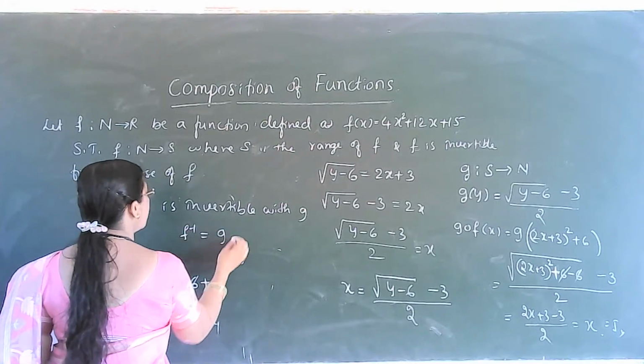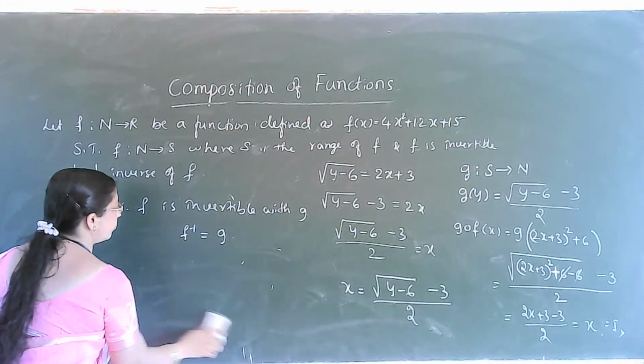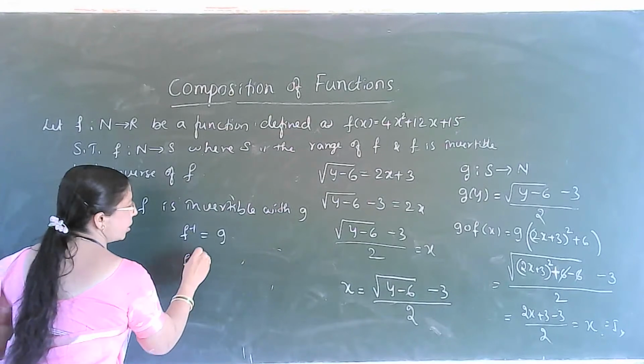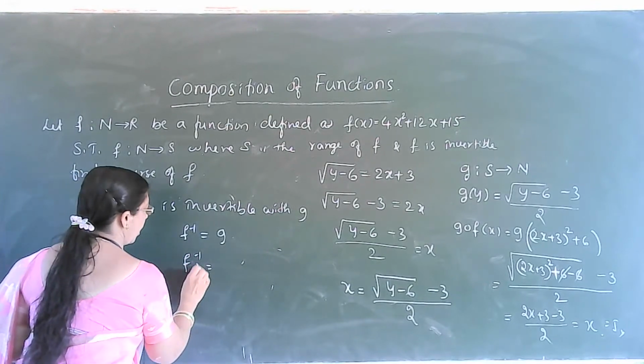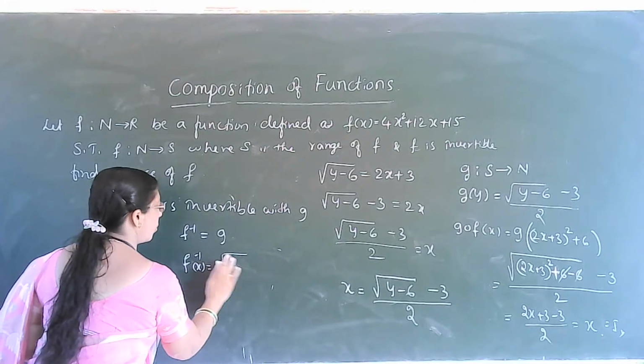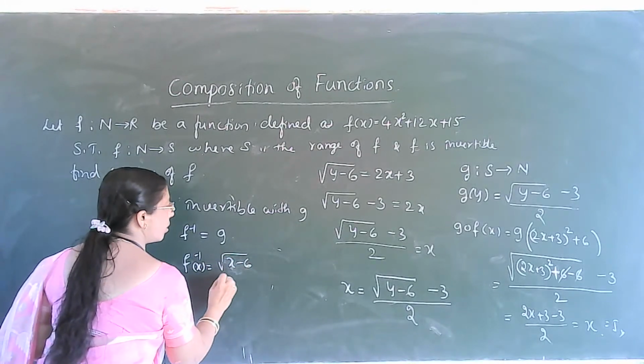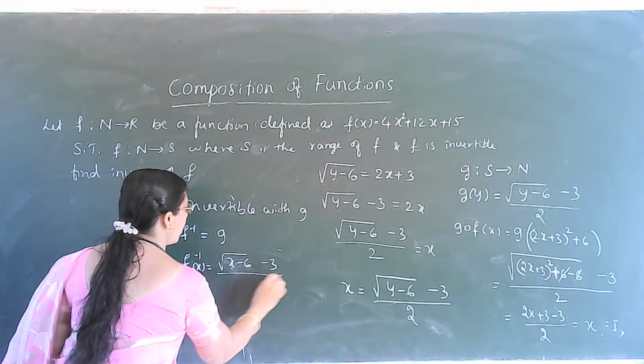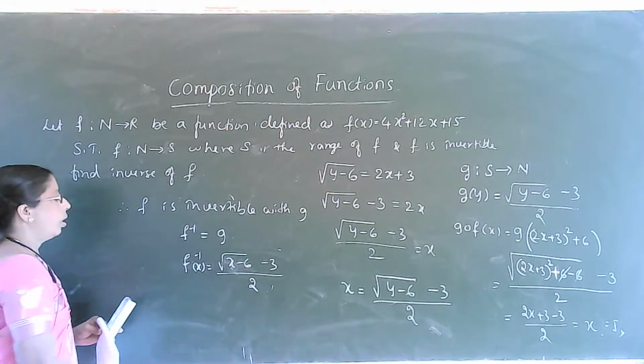Therefore, f inverse is equal to g. Then f inverse of x is equal to the square root of x minus 6, minus 3, divided by 2.